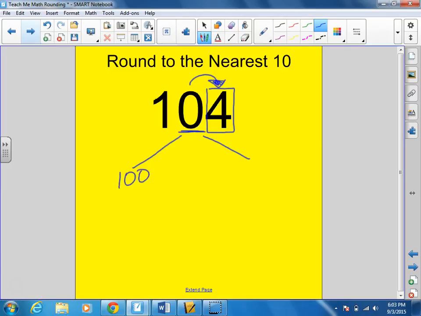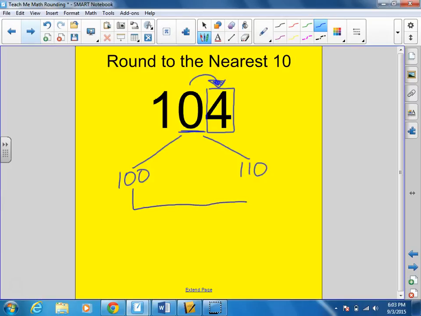And since we're going by tens, to add 10 more to 100, it would be 110. This can be tricky for students to remember. So constantly rehearse that just like 4 is between 0 and 10, 104 will be between 100 and 110.